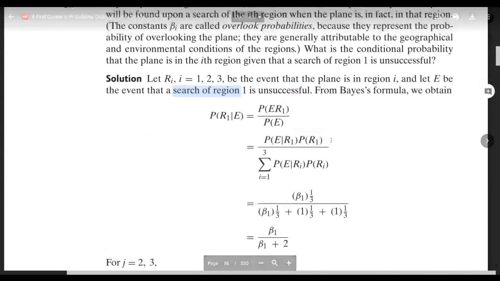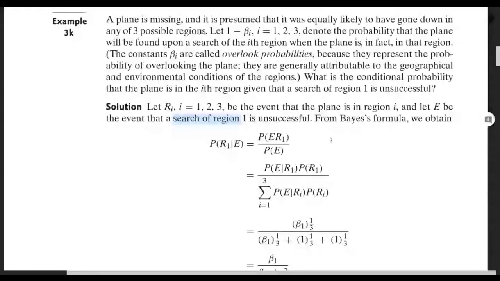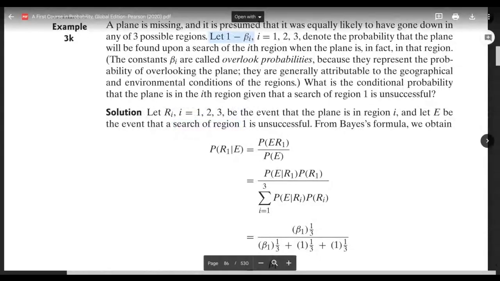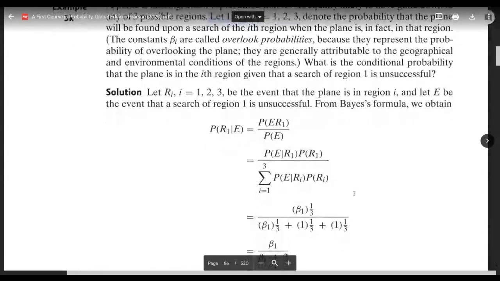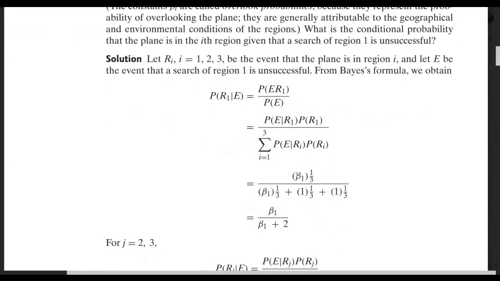That's a mouthful. Because 1 minus beta i, or 1 minus beta 1, denotes the probability that it is found in the region, right? So the complement is beta i, beta 1 here.